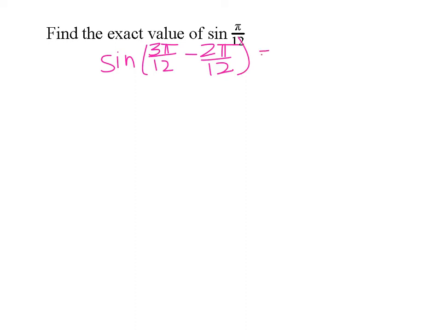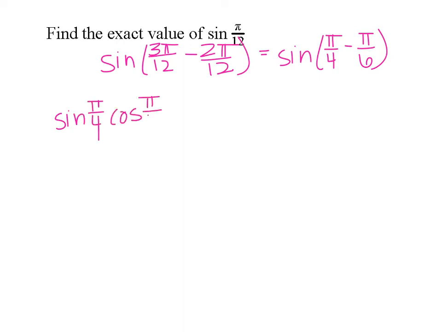If we simplify or reduce those fractions, you get sine of pi over 4 minus pi over 6. So now for this, we use the subtraction identity: sine, cosine, cosine, sine. So sine of pi over 4 times cosine of pi over 6. This is minus, so we're going to do minus in the middle. Cosine pi over 4 times sine of pi over 6.